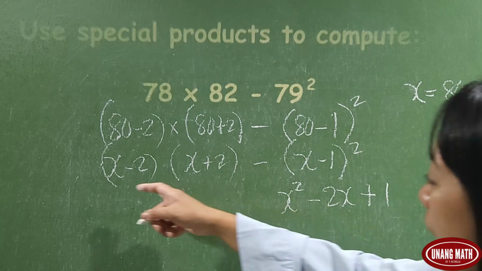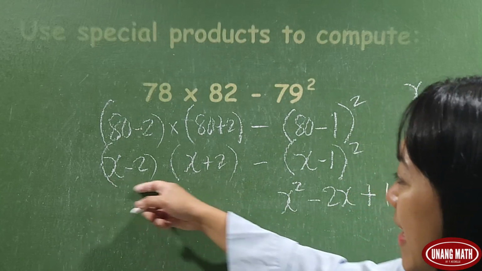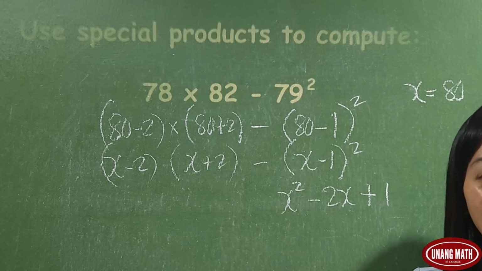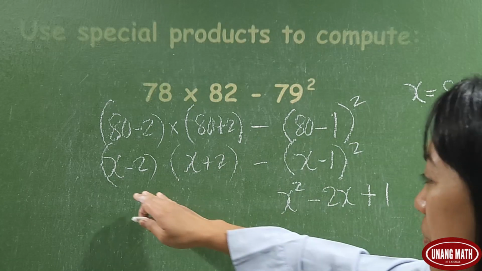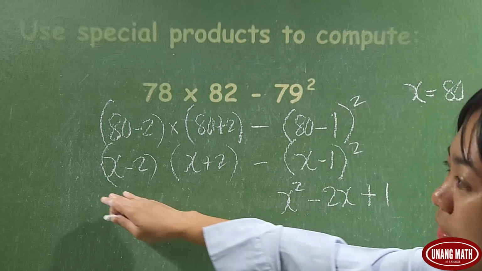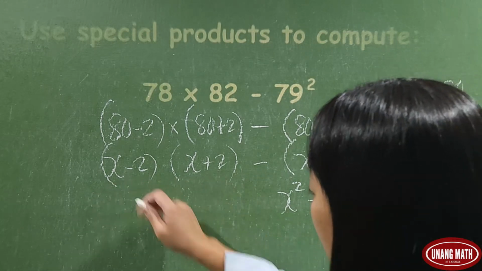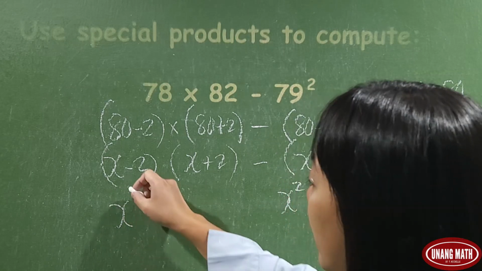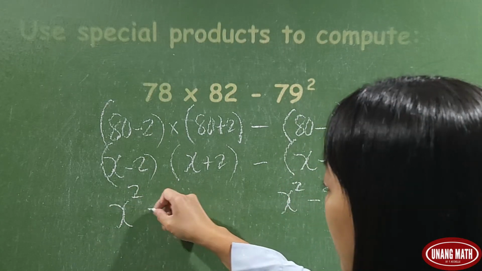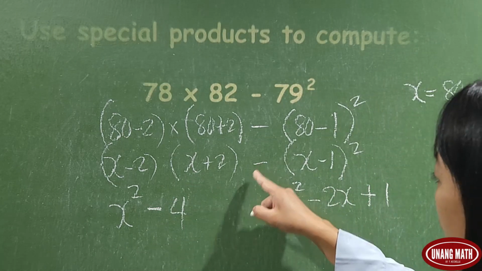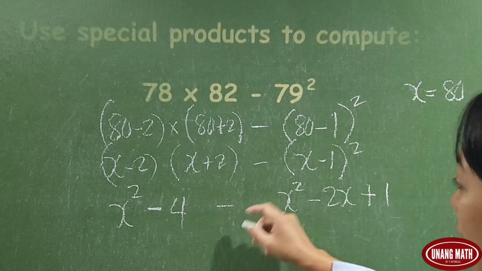Okay, now, how about here? (x - 2) times (x + 2). This is difference of squares. So this is then equal to x squared minus 2 squared, or minus 4. Take note the operation is subtraction.